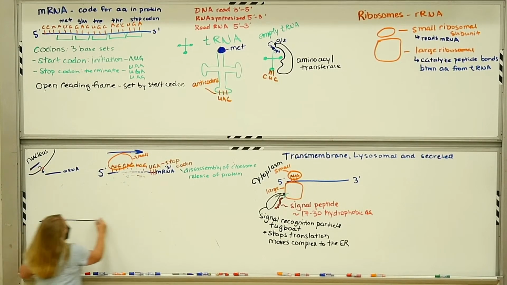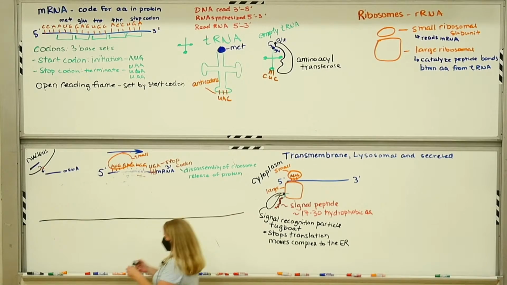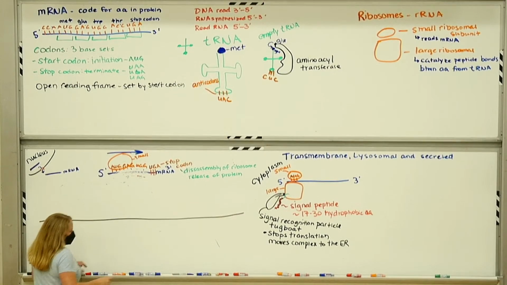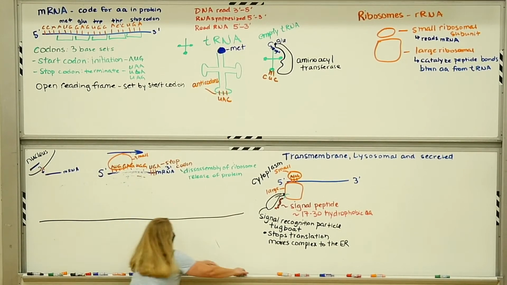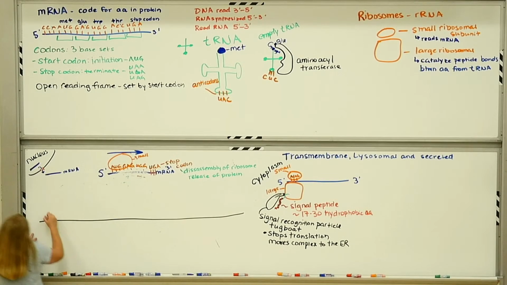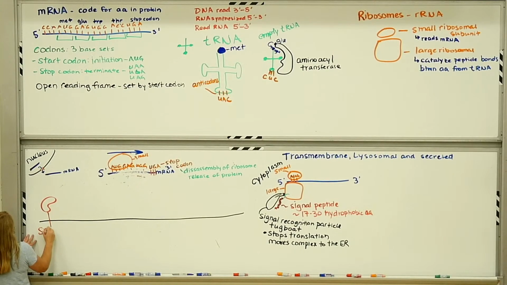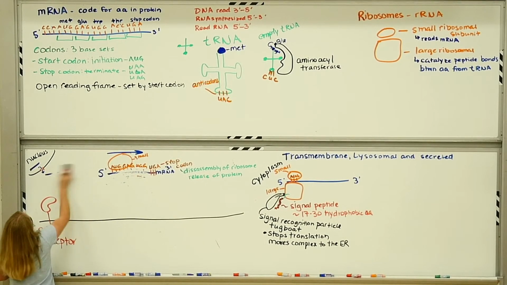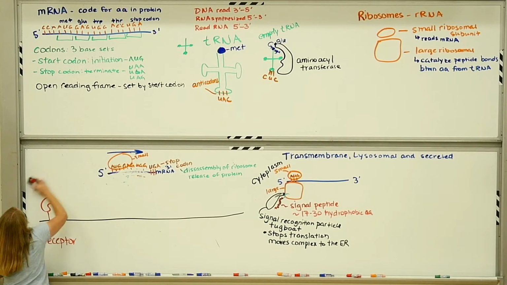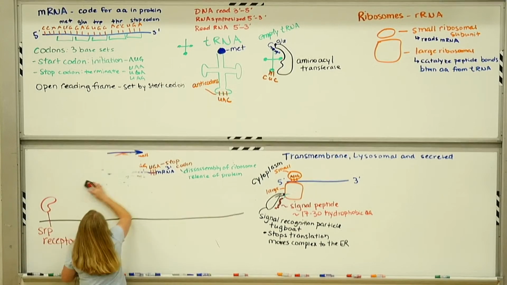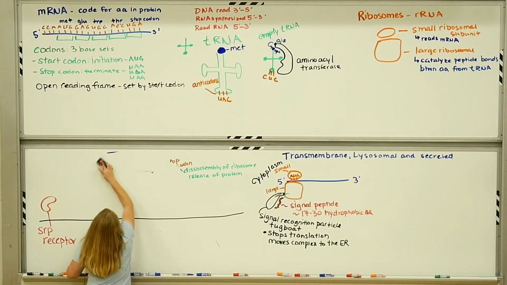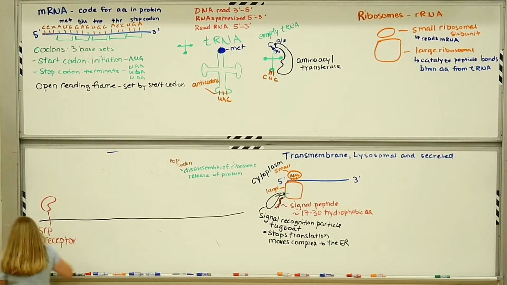So here's your ER membrane. Here is our SRP receptor. We had a signal recognition particle that picked up that signal peptide that was being made from a ribosome, and it's going to drag the whole thing here.